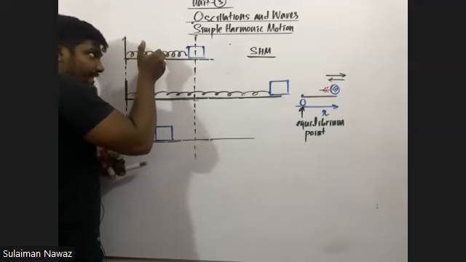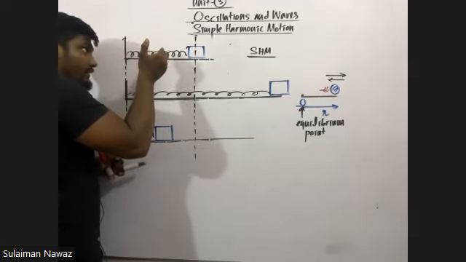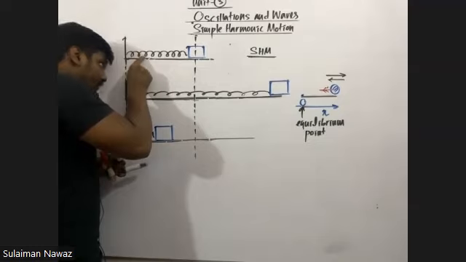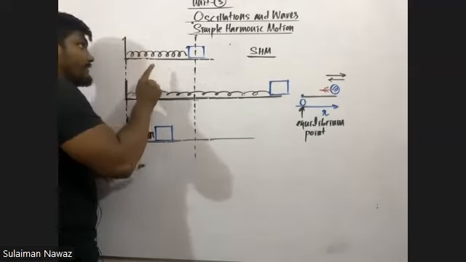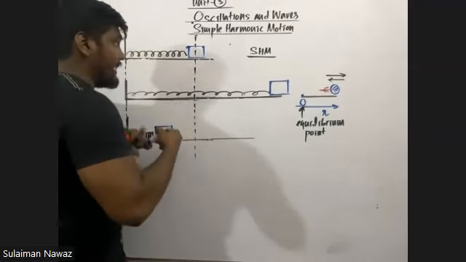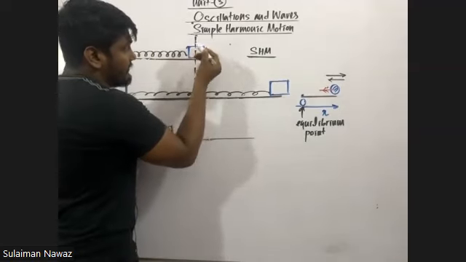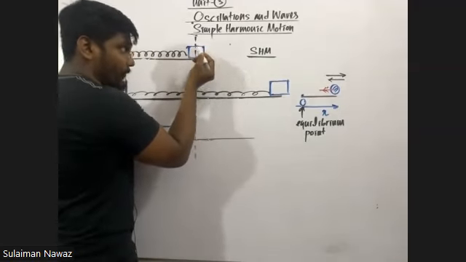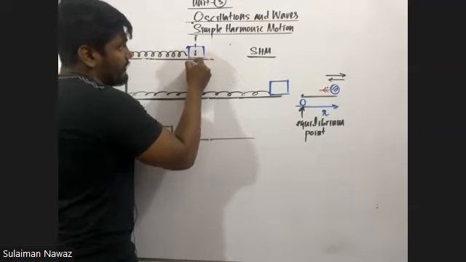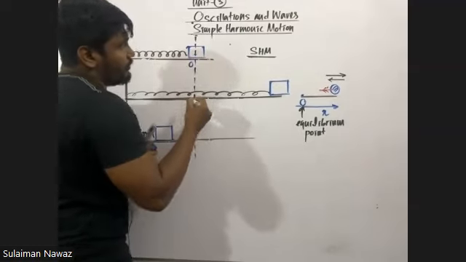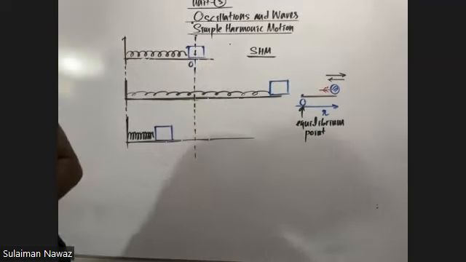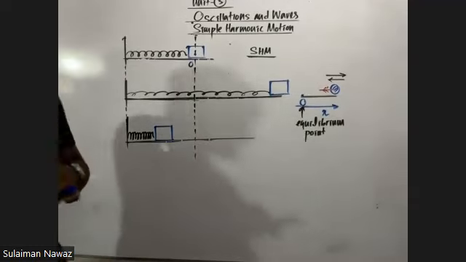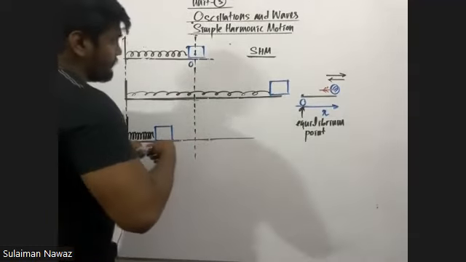That's why we call the spring is under natural length. When your spring is under natural length, we say this point is the center point, the equilibrium point, or the center of oscillation. This point capital O we are calling equilibrium point, or center of oscillation.